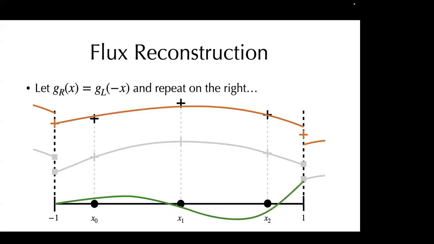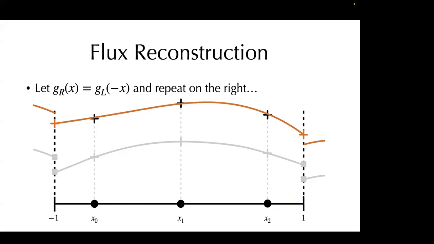Then we can mirror that correction function. So it takes on a value of 0 when x is equal to -1 and 1 when x is equal to 1. We can take that correction function, we can scale it by the size of the jump between our common interface flux at the right-hand side and our flux polynomial evaluated at the right-hand side, and add it in.